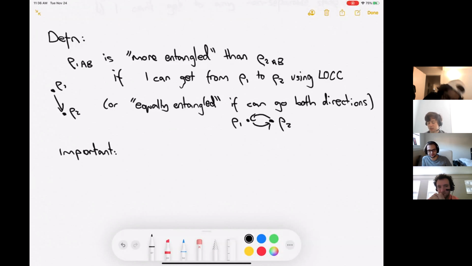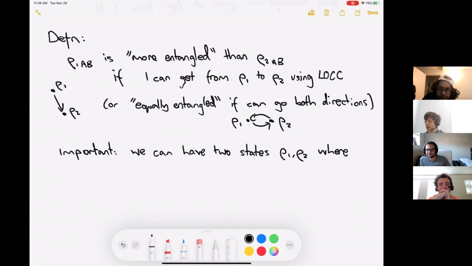which is that we can have states rho 1 and rho 2 where we can't go in either direction by local operations and classical communication.